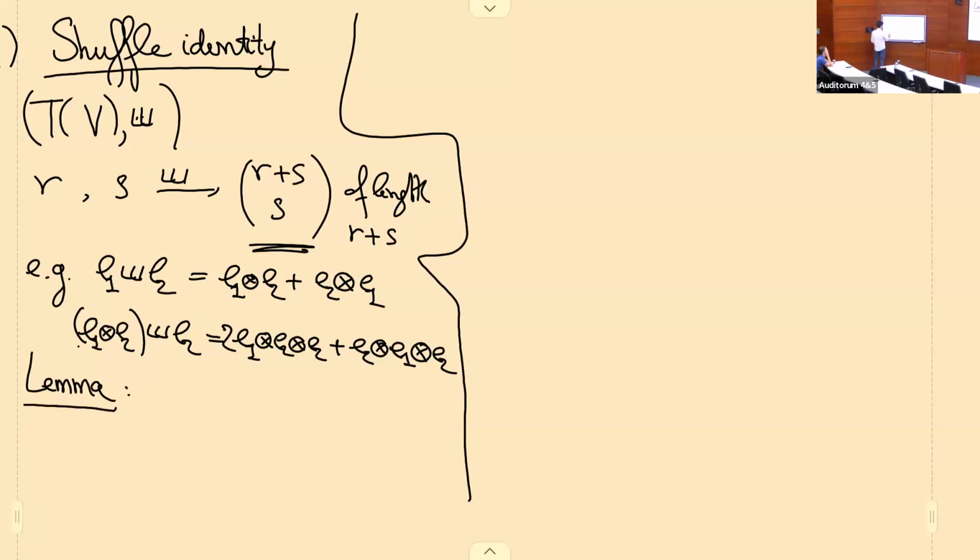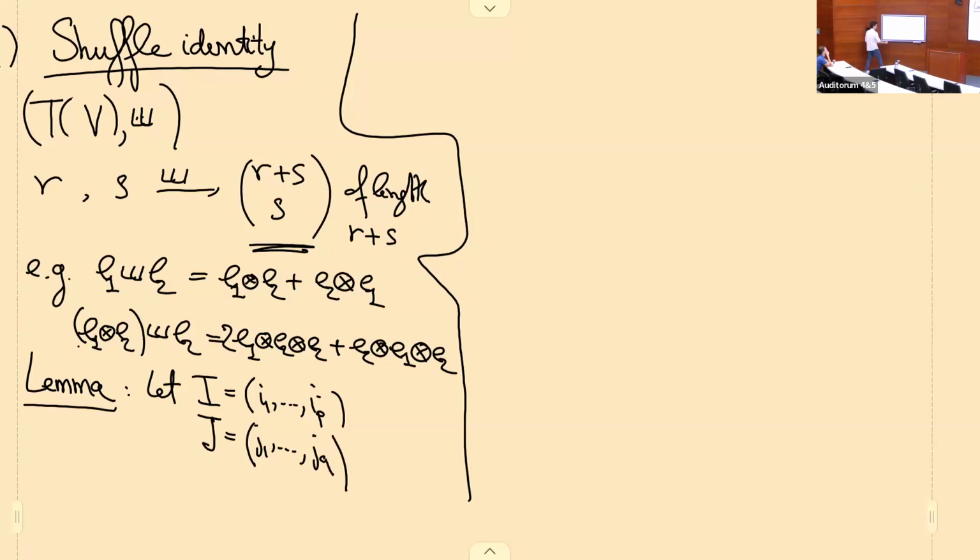Let I be a multi-index. So let's index words by multi-indices. So this is I1 dot I_p, a multi-index that will index a word of length p, and let J be another multi-index, a word of length q.